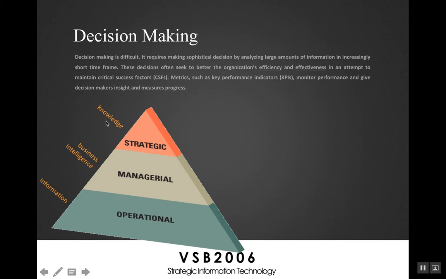And this third level, this top tier, we call it here knowledge, but it's kind of the strategic view. The idea is, from the top level of the organization, how are things performing? How are decisions being made at operational levels?